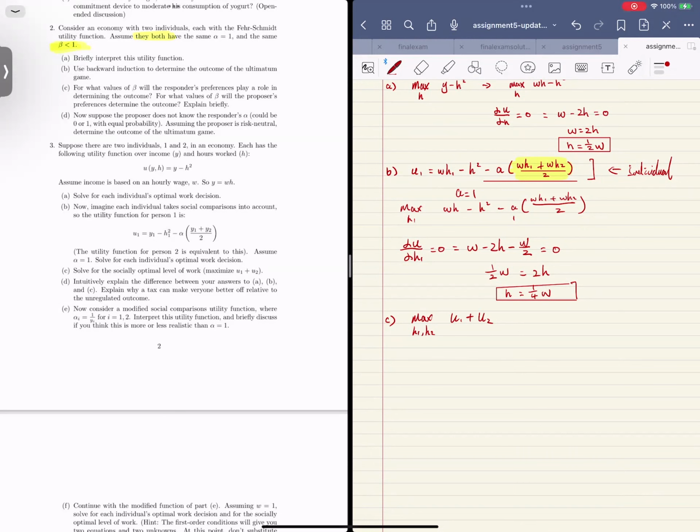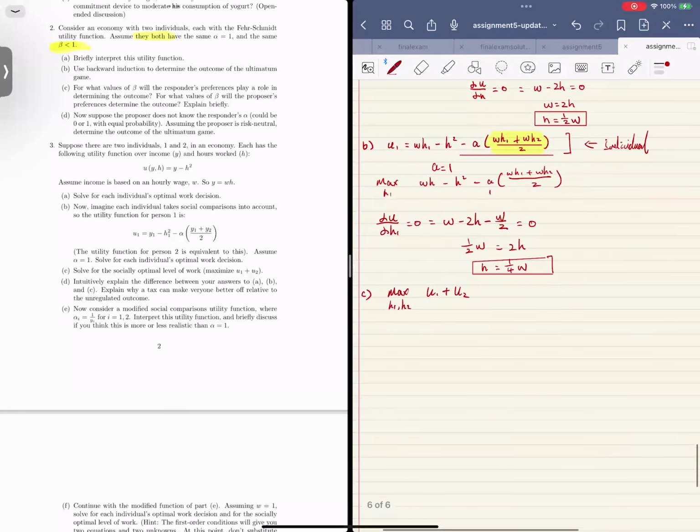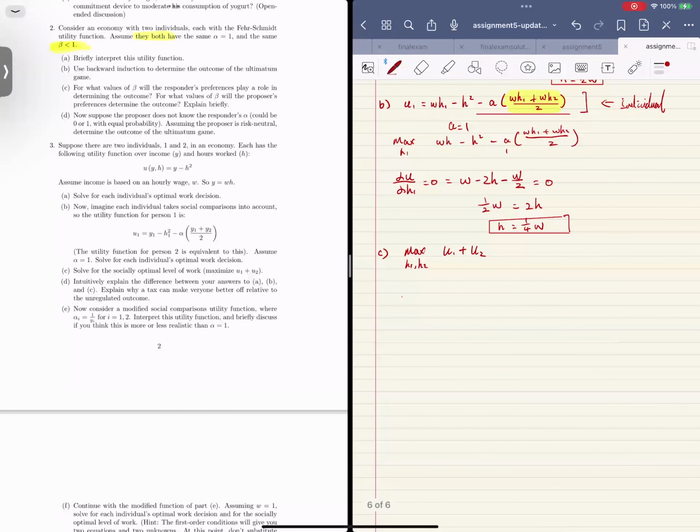How can we all maximize our utility? That would be the max of WH1 minus H1 squared minus a times WH1 plus WH2. This is actually pretty fun.